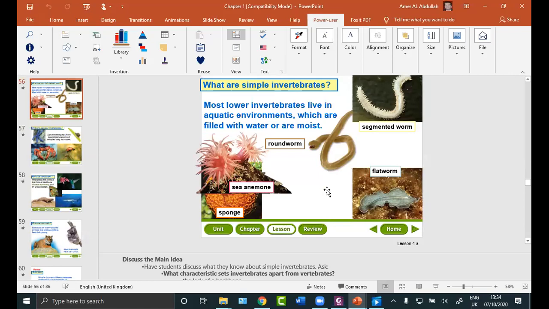Cartilage is a material like your ear, it has stiffness. When you touch your ear, it has stiffness. They have fins and jaws. The last class is bony fish.